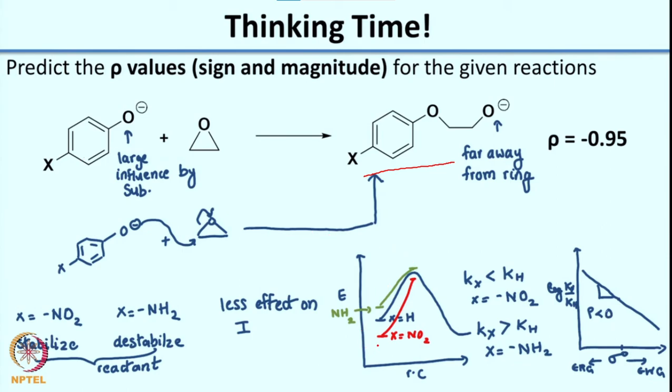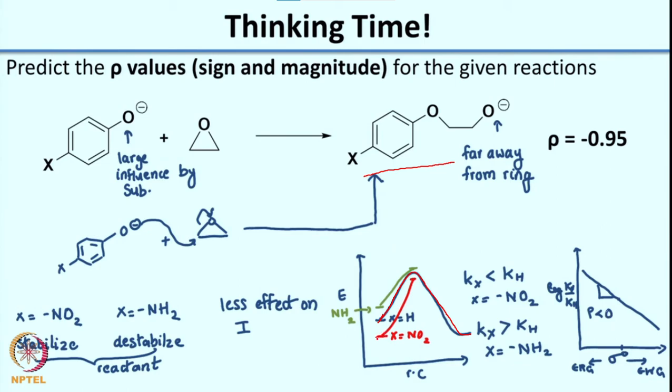So we can see here in the graph, this is the actual Hammett plot which we are taking as a standard, right? This is our standard. Now this is for X equal to H, not an electron rich group, not even an electron withdrawing group. So when we have an electron withdrawing group, the stability of the reactant increases.